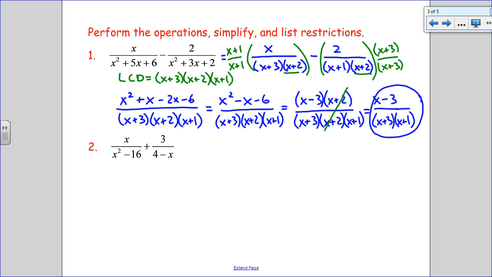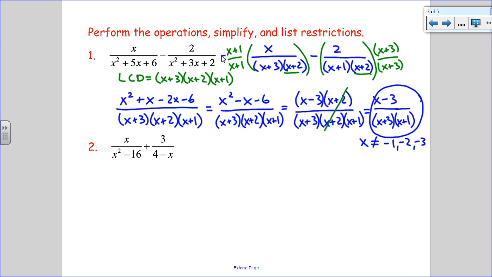In this case, there are three restrictions based on the values of x that would make the denominator equal to 0. Those three restrictions are that x cannot equal negative 1, negative 2, and negative 3.